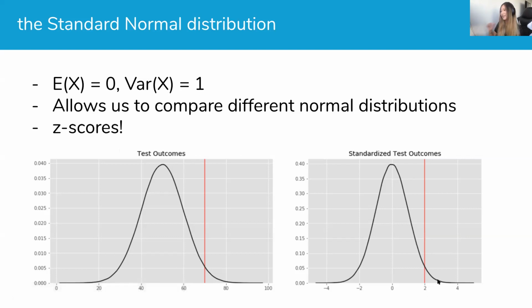Does that make sense? And let's say you had many different kinds of normal distributions, with different means and different standard deviations, and you wanted to compare them. You would just convert them to the standard normal distribution, and you can compare them that way. Why and when we would do that, and examples of that, I'll get into when we get to testing.